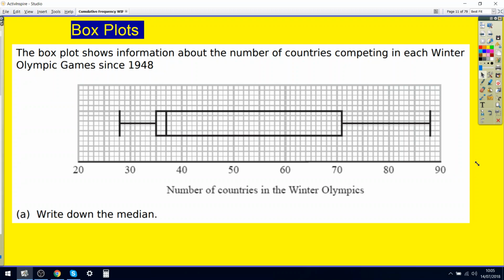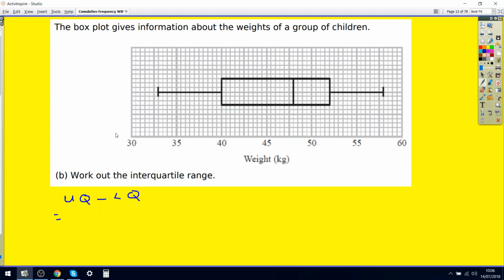Yeah, I do upper quartile minus lower quartile.